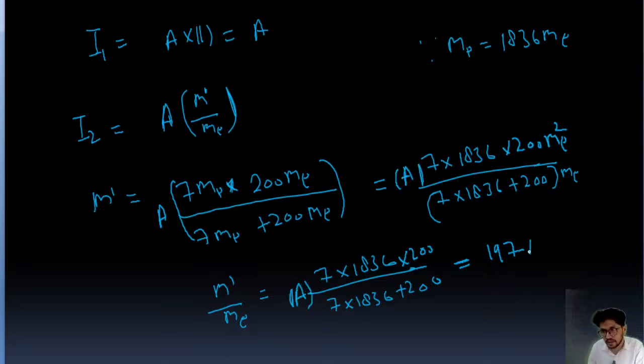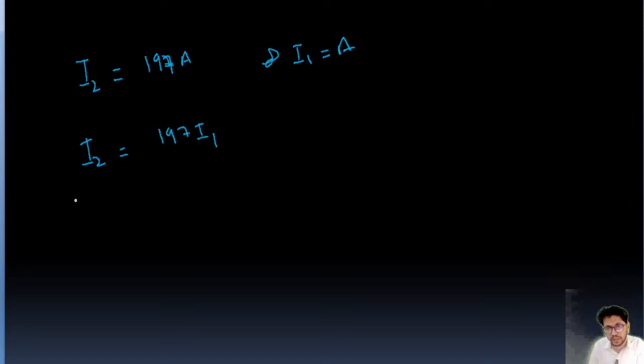So you can see I2 equal to 197 A and I1 equal to A, right? So we can say I2 equal to 197 I1, or I2 is almost 200 times of I1, right?